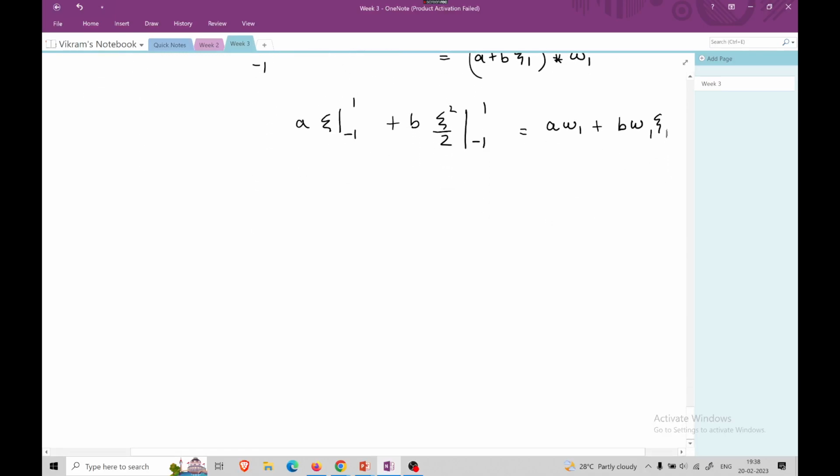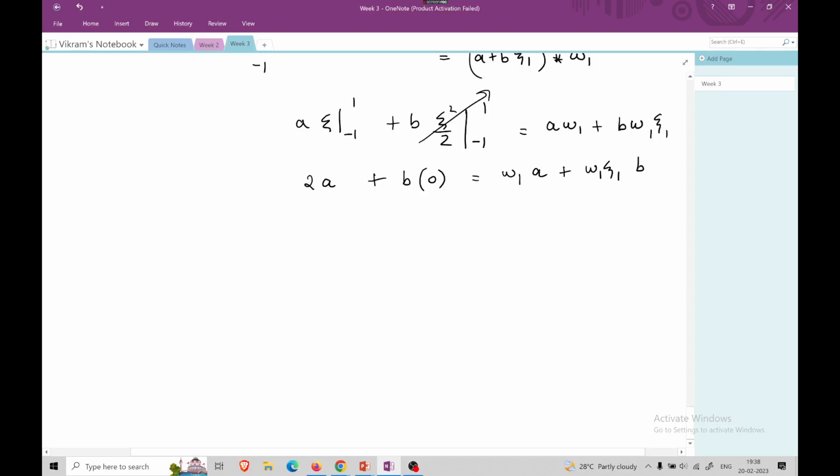Okay, so if I do this, it becomes 2 times a, plus this vanishes, b times 0, is equal to w1 a plus w1 eta 1 into b.